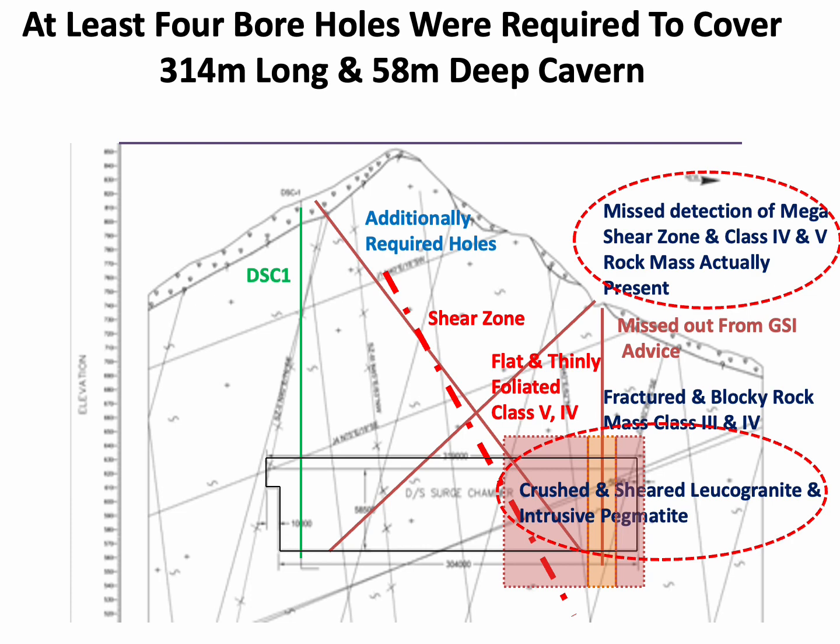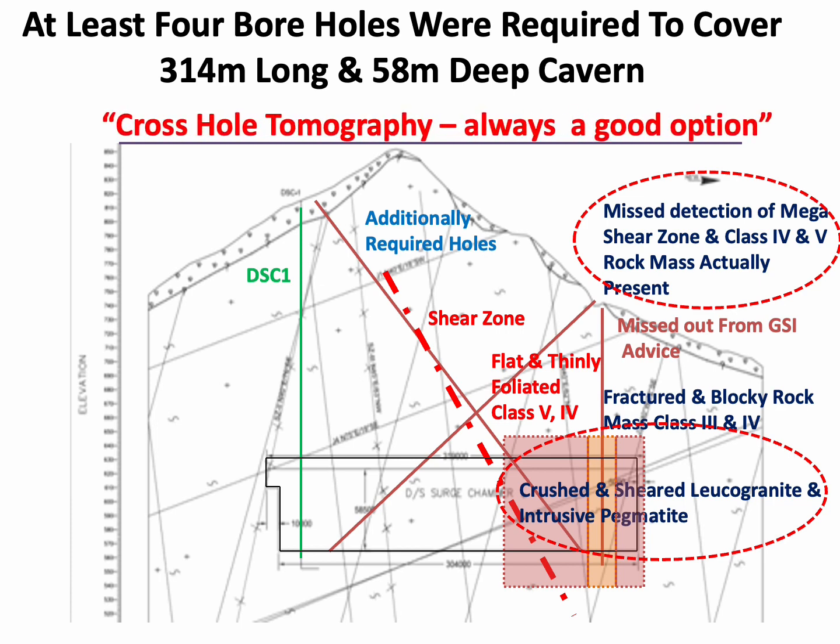These 4 boreholes are needed to fully represent the length, breadth and height above the crown for such a long and deep cavern. Cross-hole tomography is also a good option to find out the geological conditions in such cases.